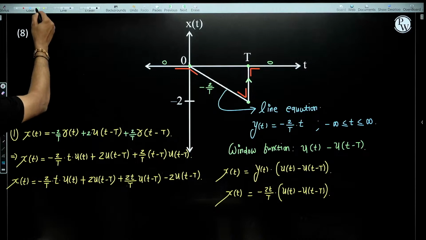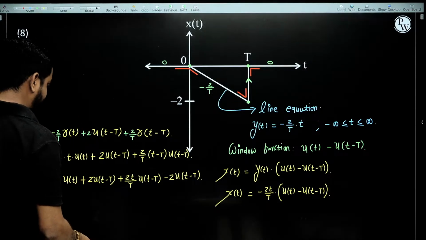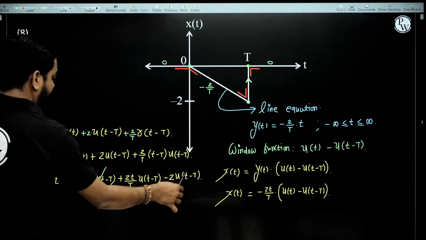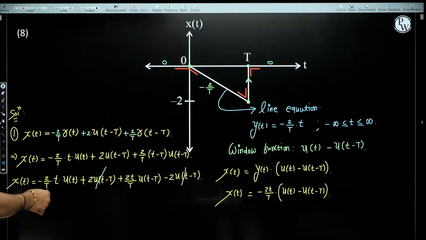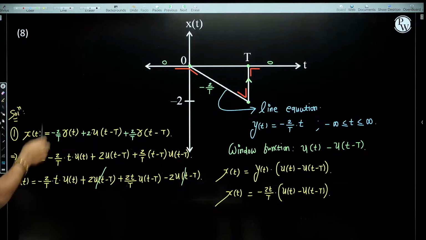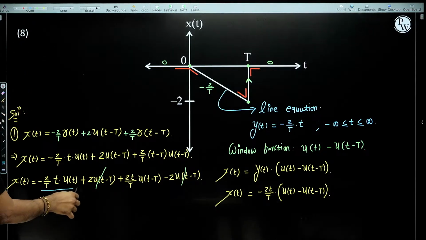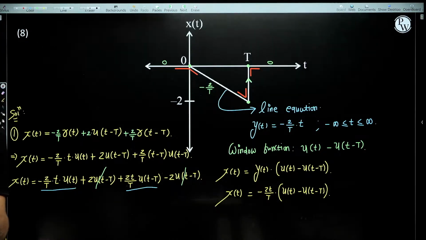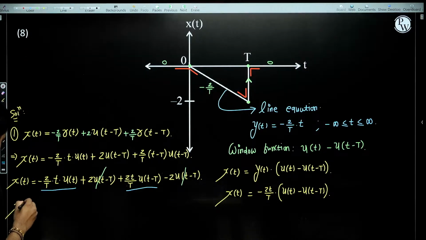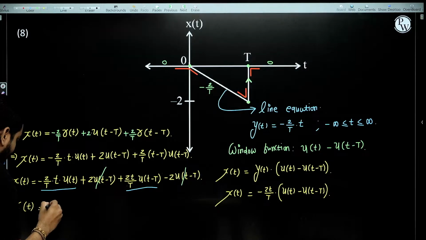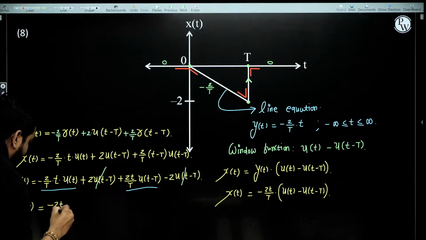Now this cancels out, guys, and from here you can take minus 2t by capital T common.